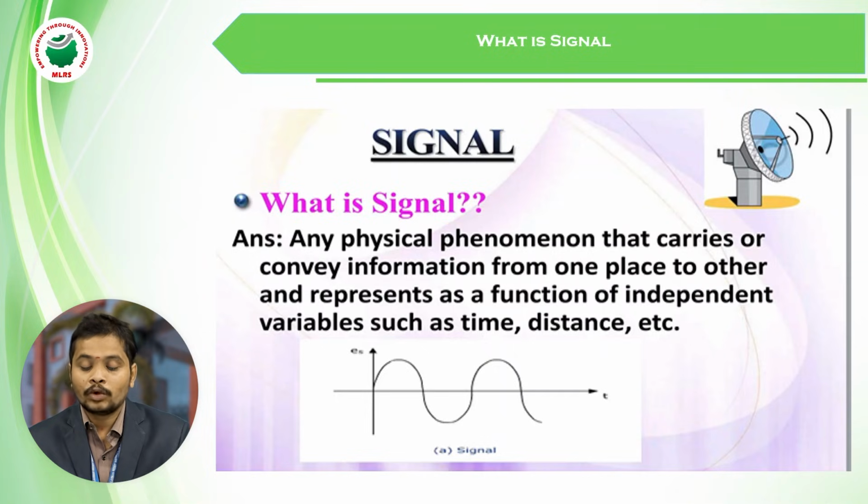Coming to the signal, what is a signal? A signal is a physical phenomenon that carries or conveys information from one place to another and is represented as a function of independent variables such as time, distance or space, etc. A signal contains information which is transferred from one place to another with respect to such independent variables as time, space and distance.